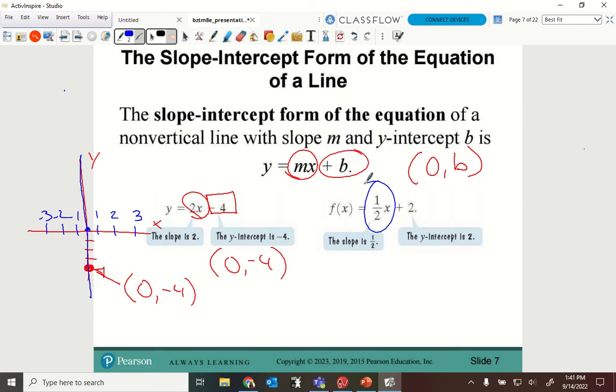And we always read this as a fraction, which is going to be rise over run. So in this case right here, my rise is going to be 1, and the run is 2. Now my y-intercept. The coordinate for my y-intercept here is going to be 0, 2. We write it as a coordinate, okay? Because we put a dot on our paper and then we go graph that.